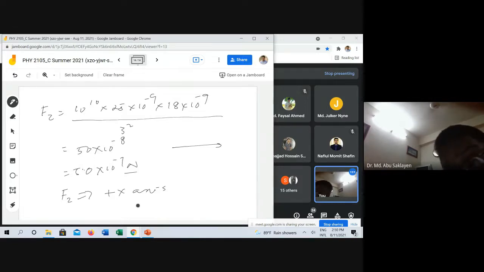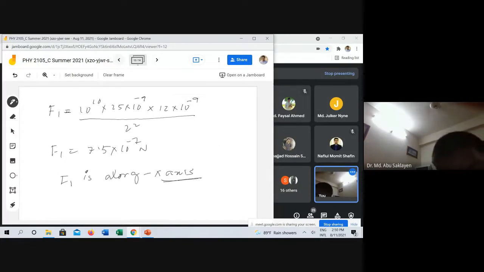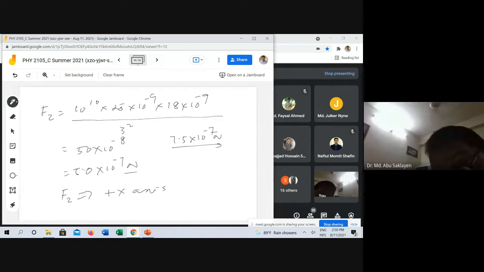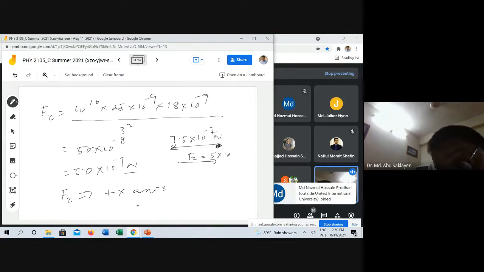F1 is 7.5 into 10 to the power minus 7 Newton, on negative x-axis. And the other one is positive x-axis. This is F2, and it is 5 into 10 to the power minus 7 Newton.